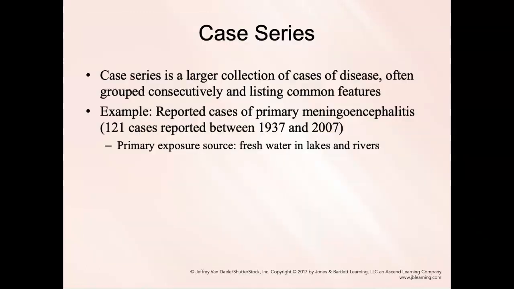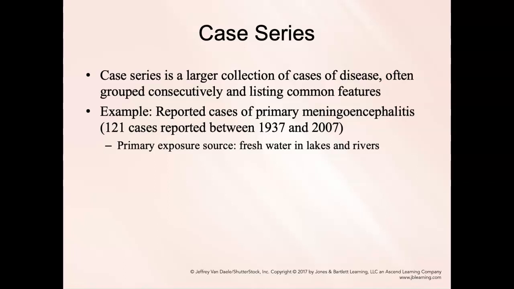A case series is different from a case report. A case series is more of a larger collection of cases of disease. They're often grouped consecutively and list common features. A case series is a descriptive study that typically follows a group of patients who have a similar diagnosis or who are undergoing the same procedure over a certain period of time.